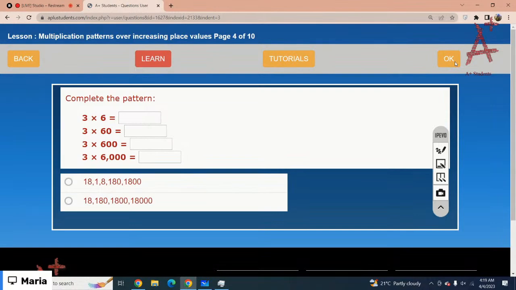Got it? Yes, very good. That would be option number 2. Okay, the next one is 3 times 6 makes.